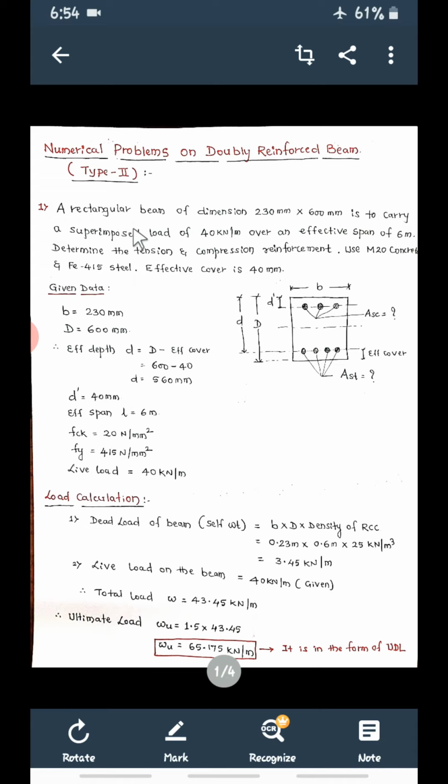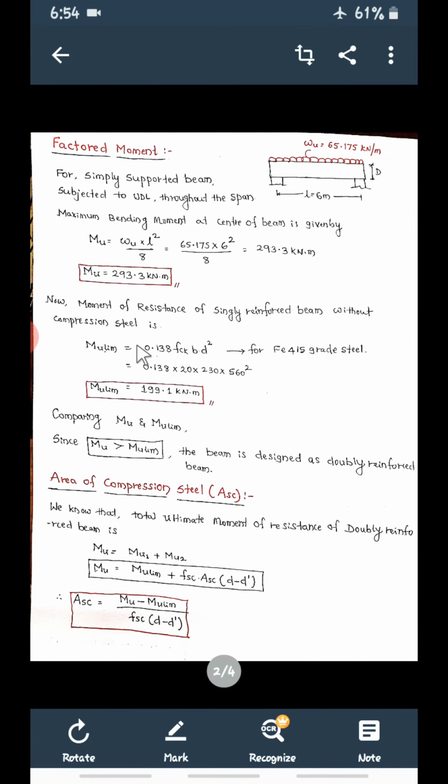That's why we are comparing these two, and after comparison we can get whether the beam is singly or doubly reinforced. Here MU is greater than MU limit, so the beam will be designed as a doubly reinforced beam. So this is the first step.